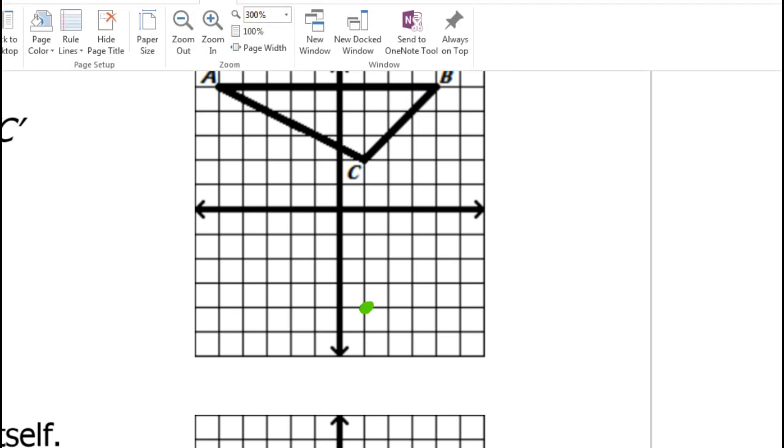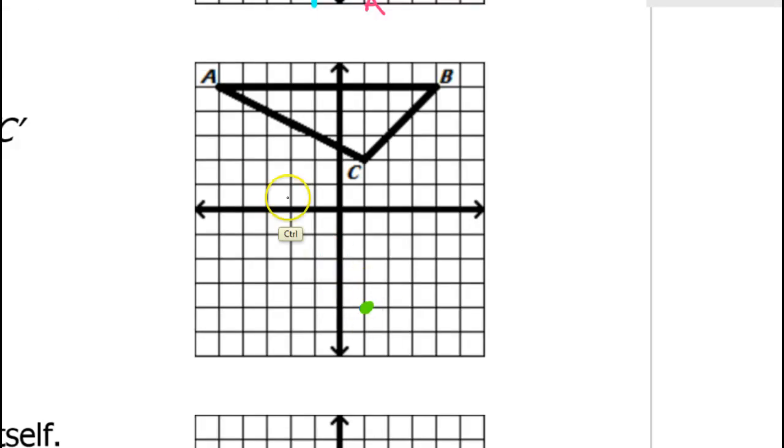So, for example, if I wanted to get from the center to point A, I would have to go left and then up. Okay, now how many was that? That was left 1, 2, 3, 4, 5, 6. So that was left 6.